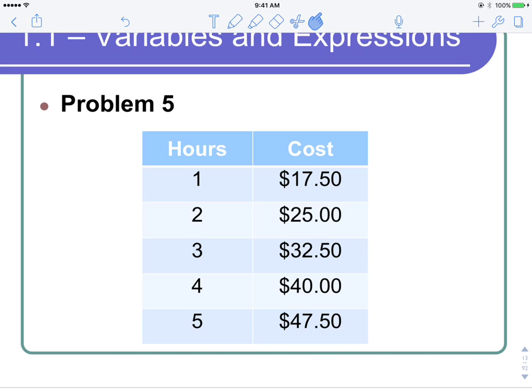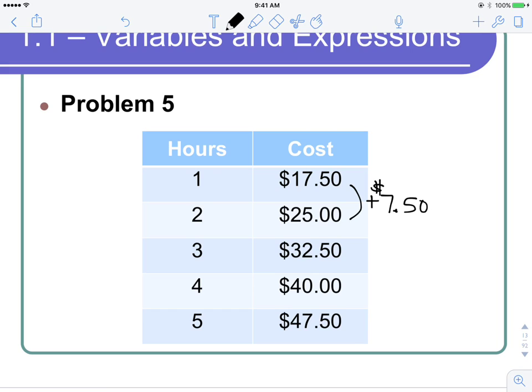So first we should see how much it's increasing by each hour. It seems as though it's not going up by $17.50, so it's not that it costs $17.50 per hour, but it seems like there's an amount that gets charged and then an increase for the number of hours. If we find the price difference between the first and second hour, that would be an increase of $7.50.